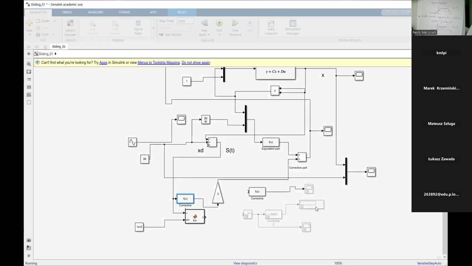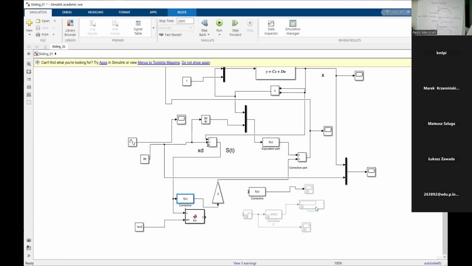It should be stable because it's larger than 1. The amplitude of the unique uncertainty, the disturbance, is 1. Let me see. Yeah, this is a little bit of results. Let me show you.